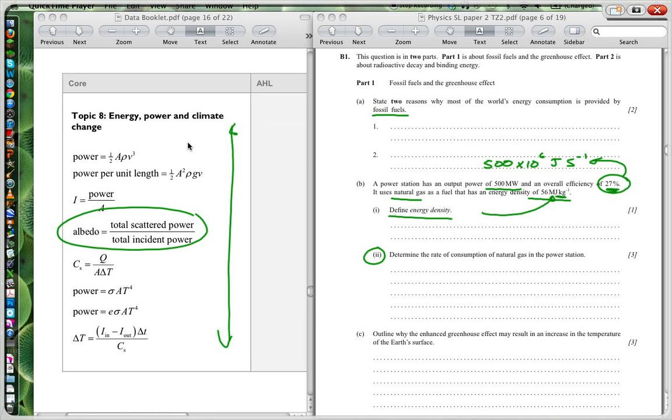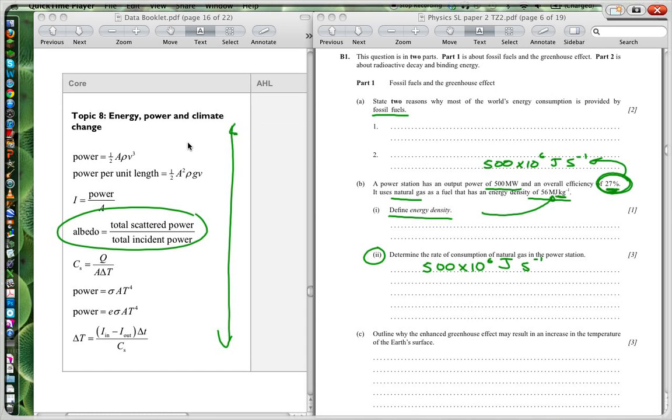Okay, so we see here that every second we are getting 500 times 10 to the 6 joules per second. Now how much natural gas are we going to need to get that, knowing that only 27% actually gets transferred into that 500 times 10 to the 6 joules per second?